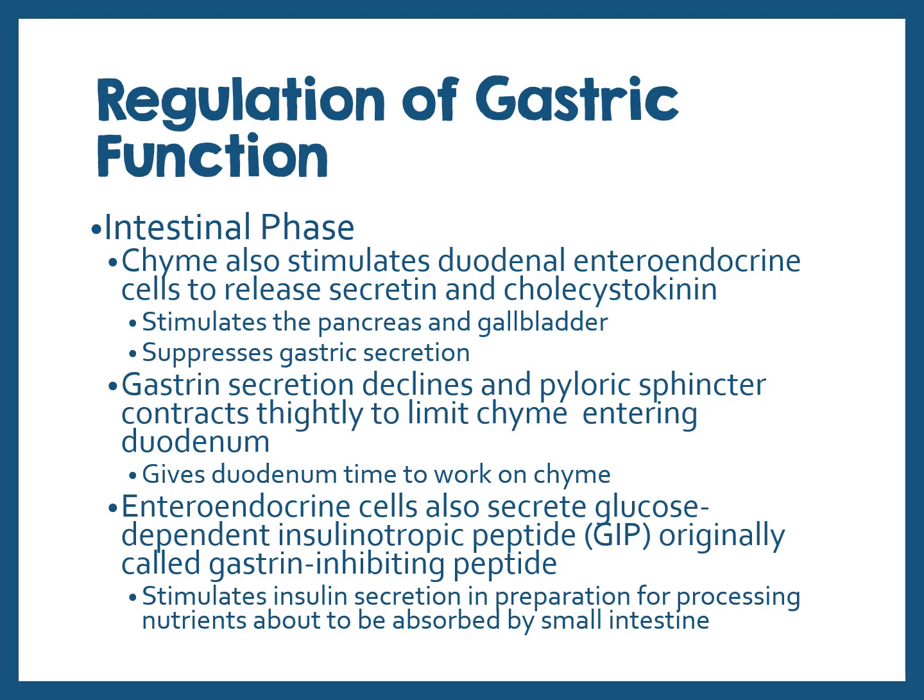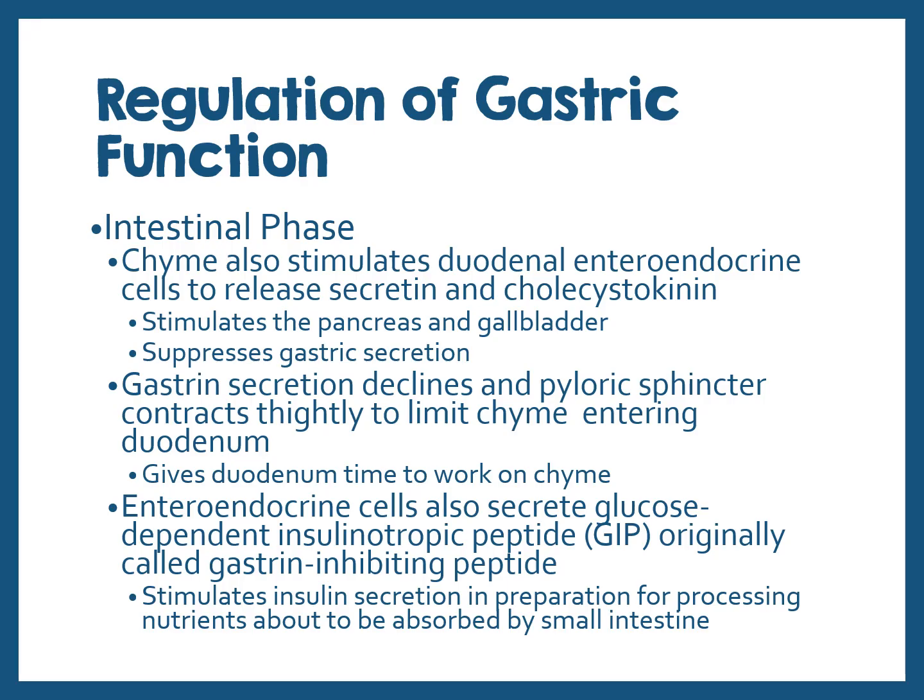So we're going to have a decrease in how much gastrin is secreted, and the pyloric sphincter will start to contract very tightly, and that will limit the chyme entering into the duodenum. So that way the duodenum can have some time to work on the chyme that's already in it.